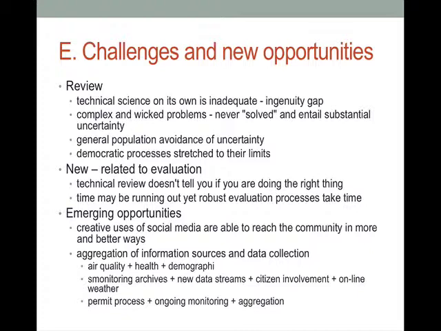And then finally, another one I mentioned in the innovation part is to wrap this into the permit process. In the permit process, you have to have ongoing monitoring, and you aggregate that, and you're actually getting a permit as part of a community of people working on the problem rather than just as an individual.